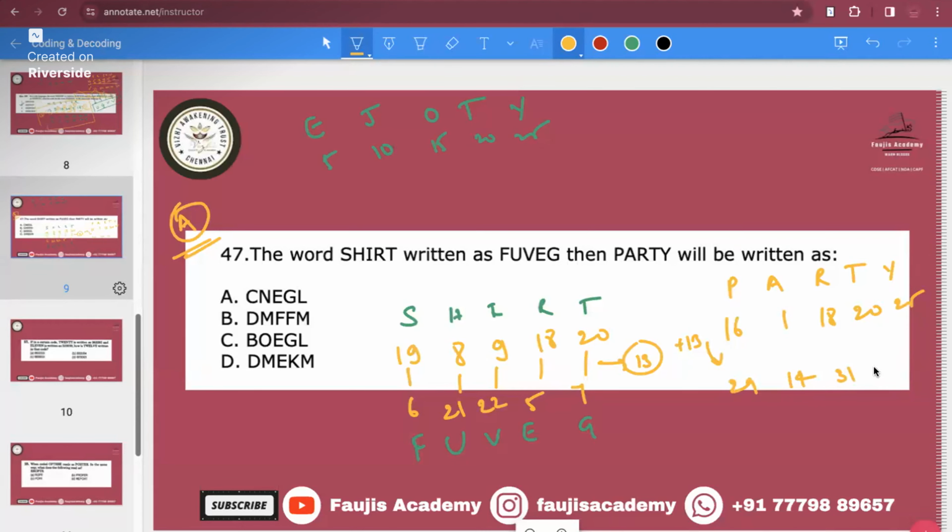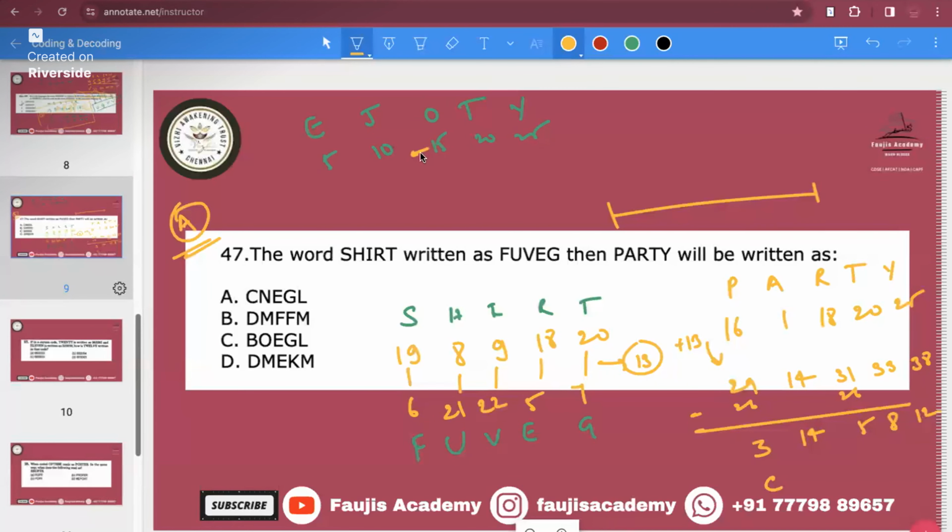If I make any calculation mistake, guys, please tell me. Then 26 is over, so minus 26 also. Again it is 3. 14 will remain 14 because up until 26, only alphabets get exhausted, right? 31 minus 26 is 5, 29 minus 26 is 3, and 25 minus 13 is 12. So A, B, C; which one is 14?